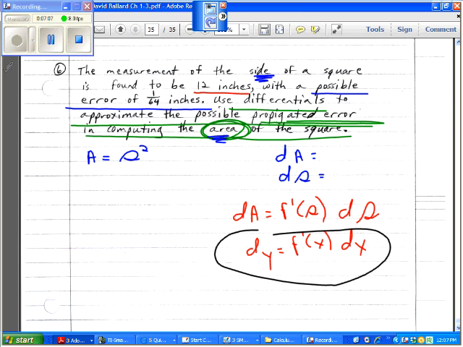My y is area. My x is side. So differential area is equal to F prime of s ds. See how that fits right into that? So we need to find A prime, right? A prime is going to be what? 2s.